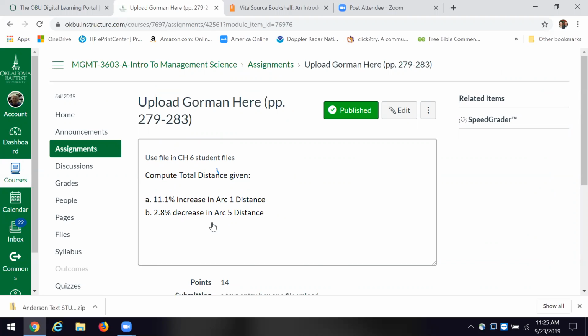It's also arcs, transportation from point A to point B. I'm going to ask you to give an increase in the distance for one arc, one pathway, and then the second is a 2.8% decrease in a second arc or pathway.